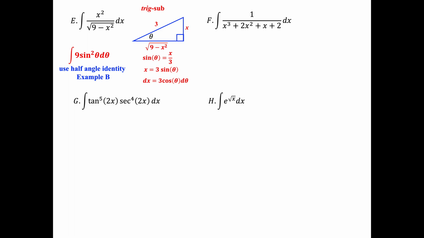For f, definitely a partial fraction decomposition. So if you factor the bottom, you're going to get x plus 2 times x squared plus 1. You'd have to do factor by grouping. So A over x plus 2, Bx plus C over x squared plus 1.